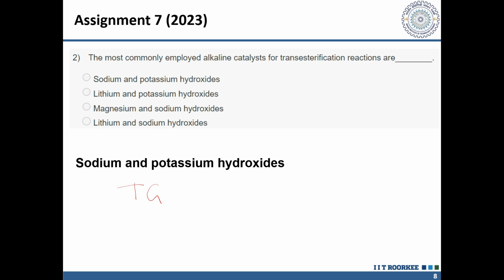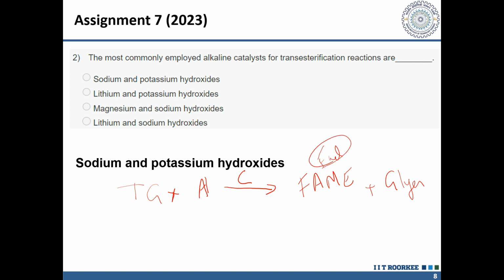These triglycerides, in the presence of alcohol and a catalyst, are converted into glycerol and fatty acid methyl esters, also known as fuel. This is your biofuel, and this is known as transesterification. Triglycerides are nothing but oils, converted with the help of alcohol and a catalyst. So the question is, what type of catalyst is required?